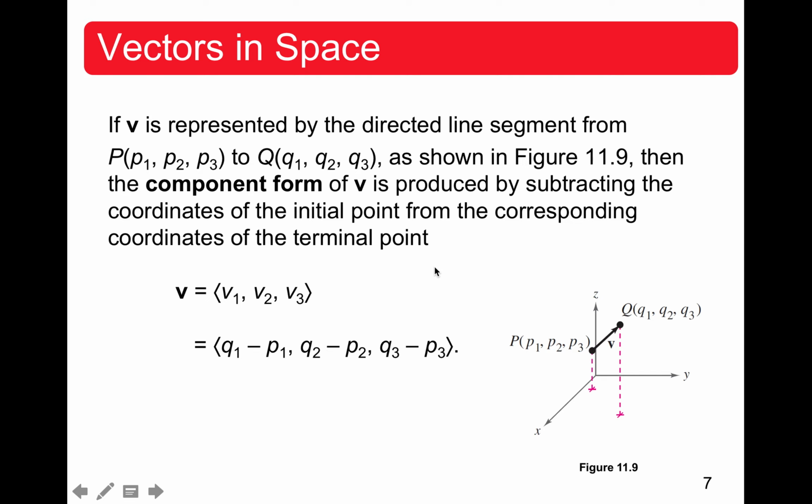So if vector v is represented by the directed segment from P to Q, then for the component form, if you remember when we did this last time, you're just subtracting the x values, the y values, and the z values to find your vector. So you're taking the x minus the x, the y minus the y, and the z minus the z, and that will give you the component form of the vector.